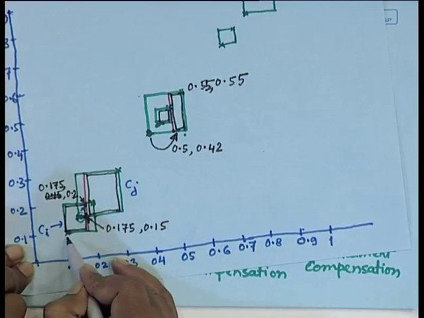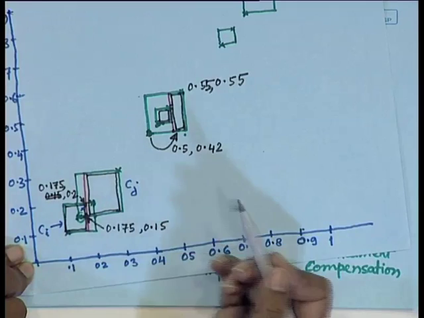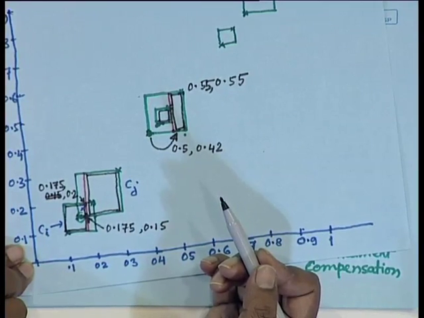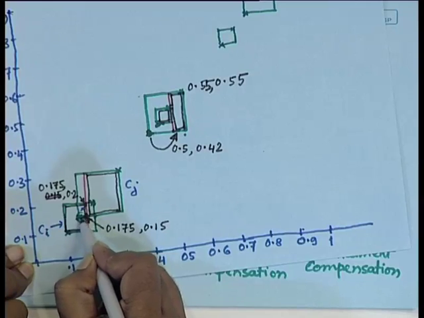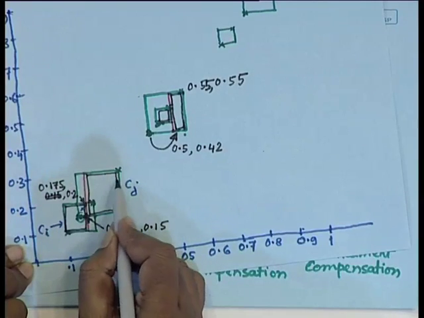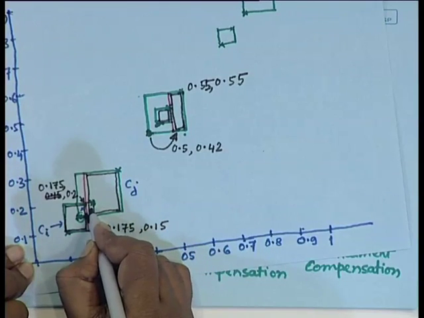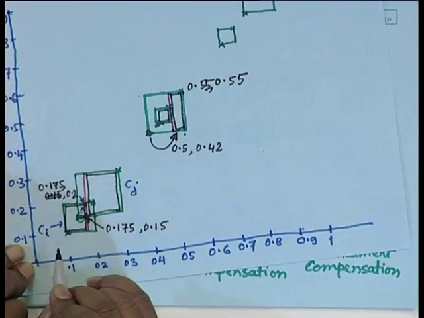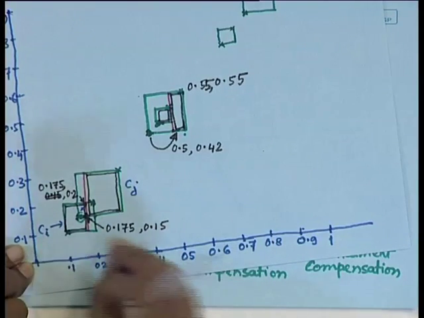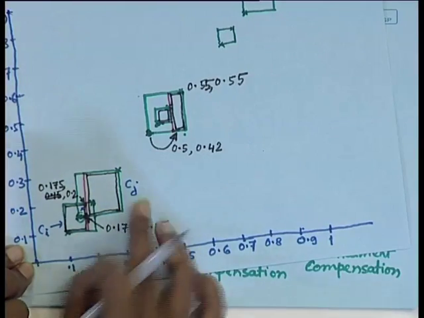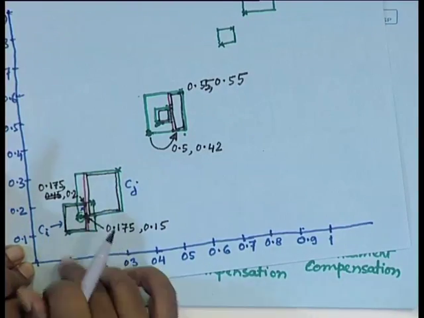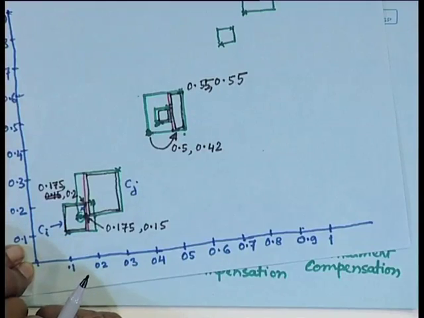However, the amount of compensation to C i and the amount of compensation to C j will be different. The reason is, if this point is nearer to this point, then the membership function to C j should be more, and if this point is towards this, then the membership function to class C i should be more. So, the amount of compensation that you give to class C i and the amount of compensation that you give to class C j cannot be the same, they have to be different. And while calculating these compensation values, you have to take care to which of the points your unknown point is nearer.